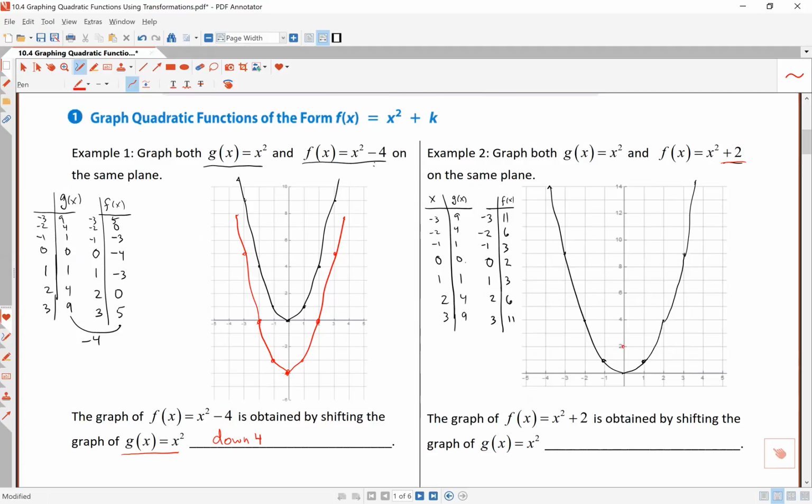So now we're starting off at (0, 2), (1, 3), (2, 6), and (3, 11). Then (-1, 3), (-2, 6), and (-3, 11).